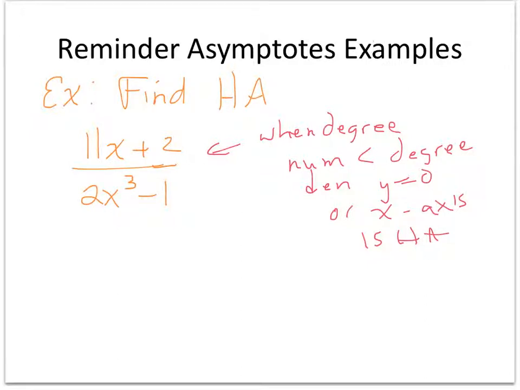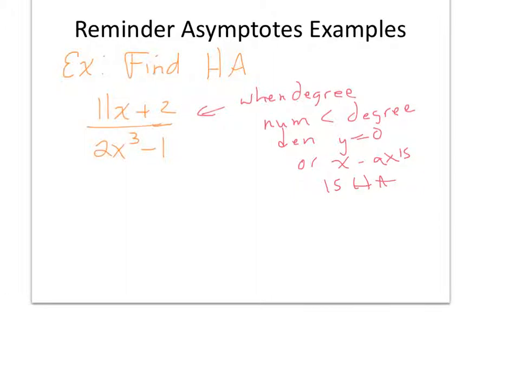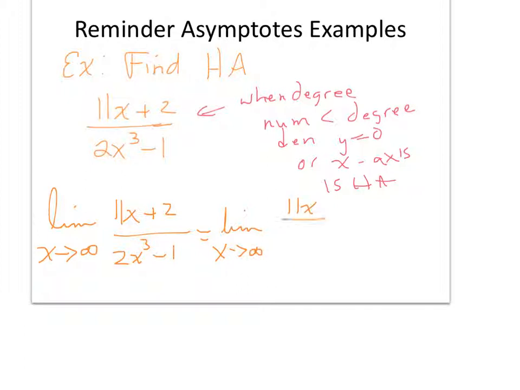However, you want to go through some examples like this, again, for testing purposes, meaning find the limit of 11x plus 2 over 2x cubed minus 1 as x approaches infinity. If you've been paying attention, what am I going to divide every term by? x cubed, because that's the largest in the denominator. So I take every one of these values: 11x over x cubed plus 2 over x cubed, 2x cubed over x cubed minus 1 over x cubed.